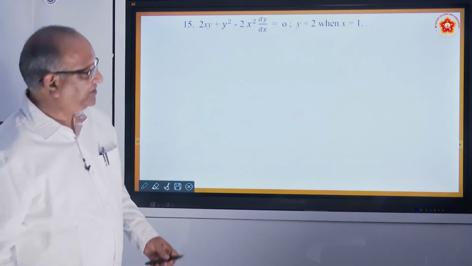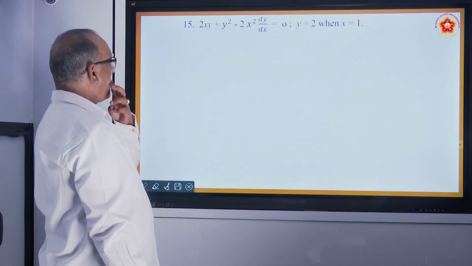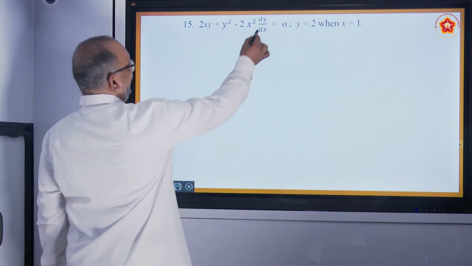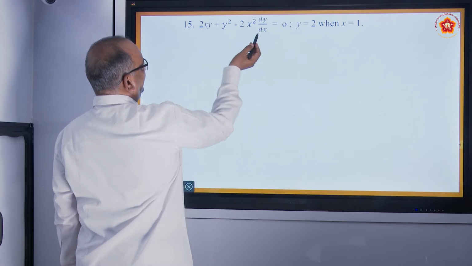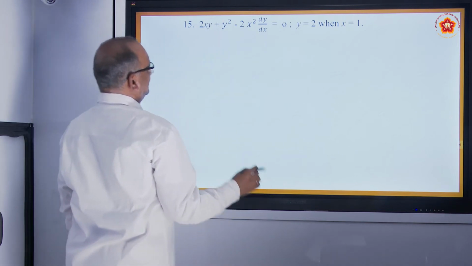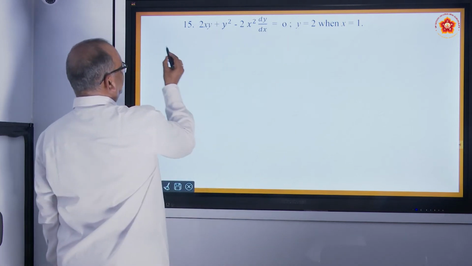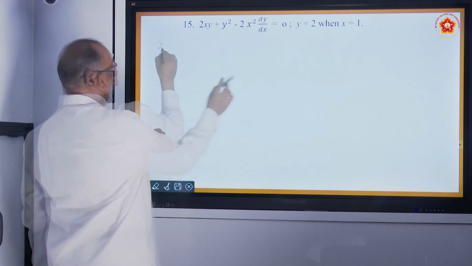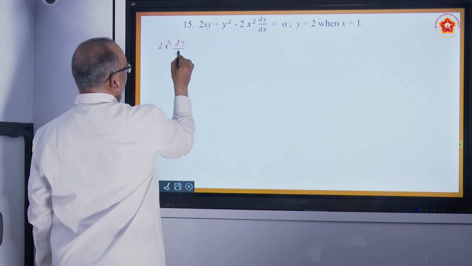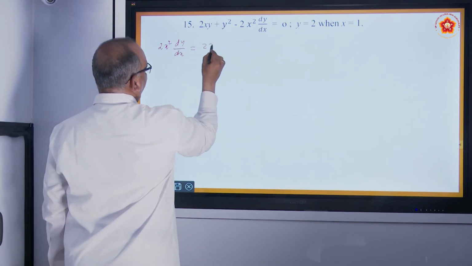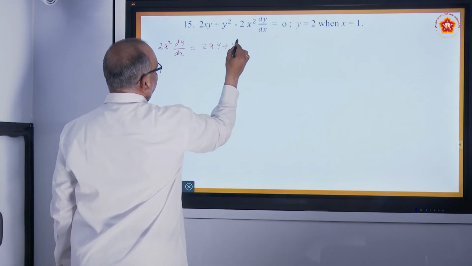Yes, look at this equation. We can find a dy by dx term here itself. So, let that be one side, rest of the terms the other side. If you shift it to that side, it can be written as 2x square dy by dx equal to 2xy plus y square.